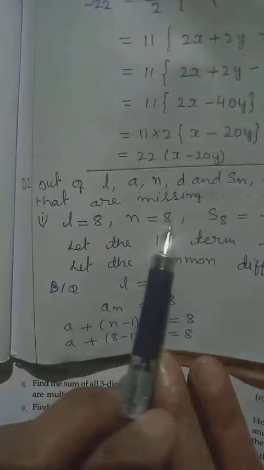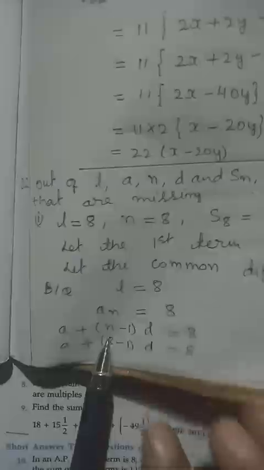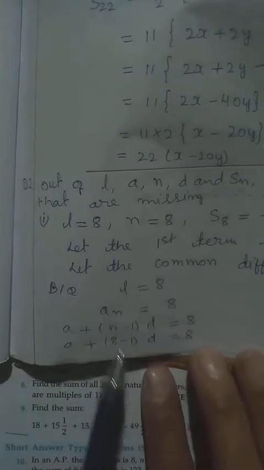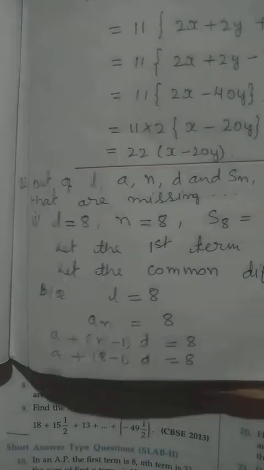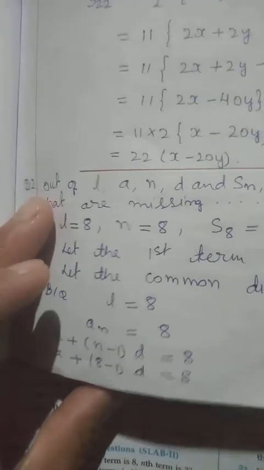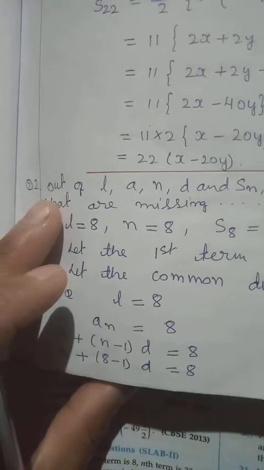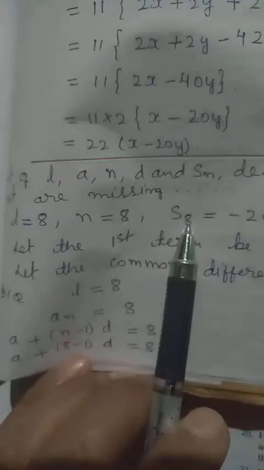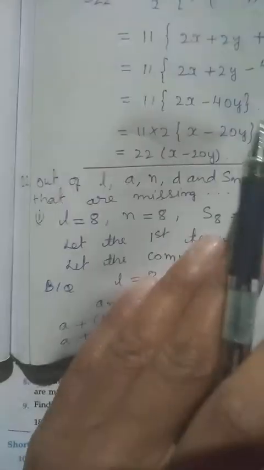But N is already given to be 8, so A and D remain. In place of N we put 8. Here 8 minus 1 will be 7. So we get A plus 7D equal 8. That is equation 1. Then next we have S8 equal minus 20.